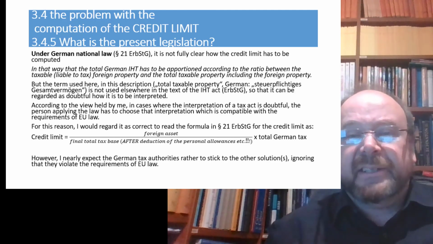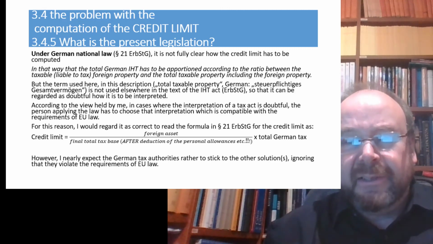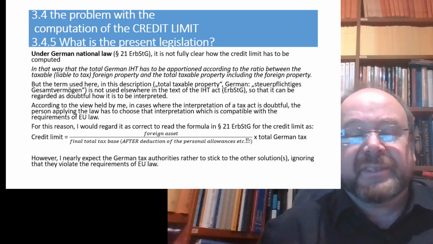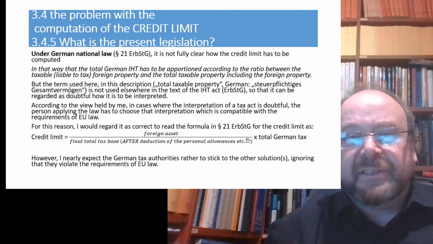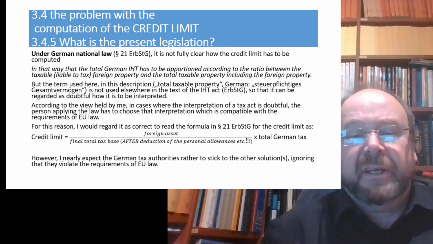Now, in all cases where the interpretation of a national law is unclear, judges are held by legal theory to assume that the legislator wanted to fulfill the obligations under EU law in the best way.